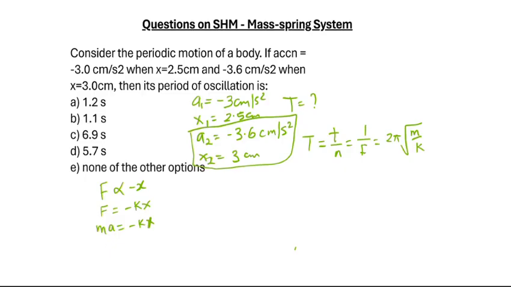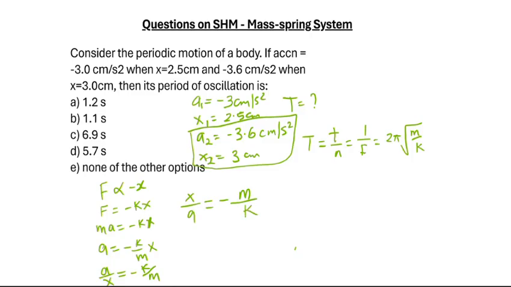Then I can say that my a is equal to negative k over m x. Then if I divide both sides by x again, then I will have a over x to be equal to negative k over m. But mind you, in my question, what I need is m over k. I will just flip this, saying x over a is equal to negative m over k.